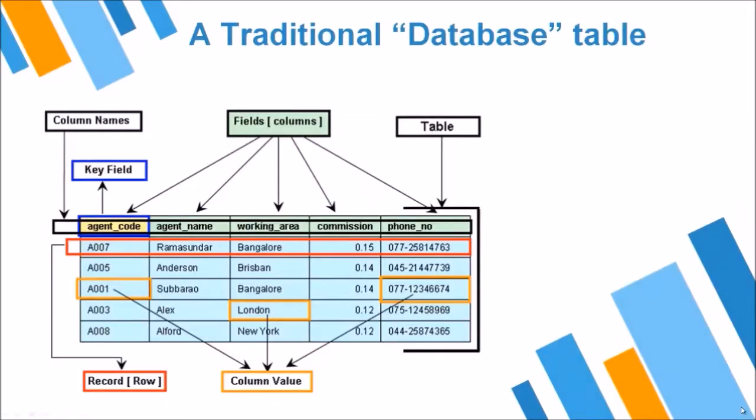Here's a look at a traditional database table. If you're not familiar at all, if you've never had any exposure to databases, a traditional database houses tables. Tables are where the data is stored.